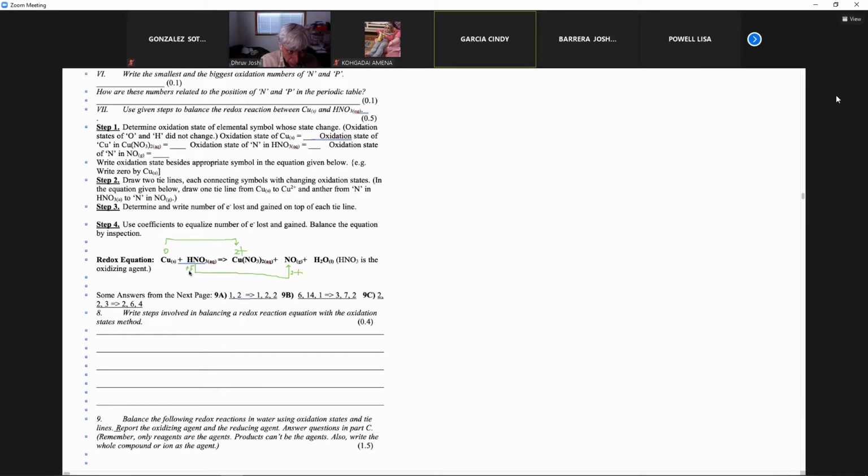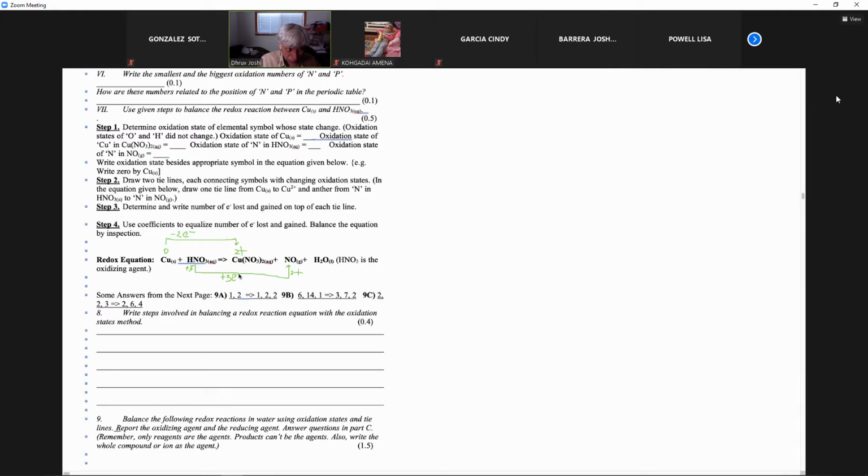Now we are going to say 2 electrons lost, or you can say +3 electrons. Step 2, tie lines, we did that. Step 3, determine the number of electrons lost and gained on top of the tie line, we did that.